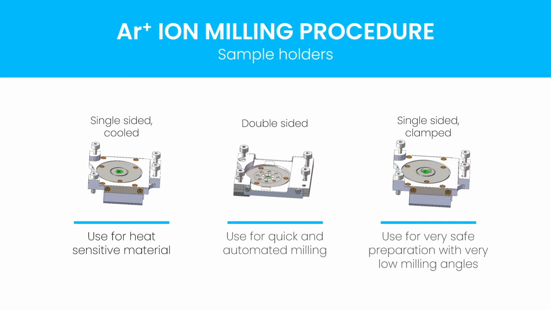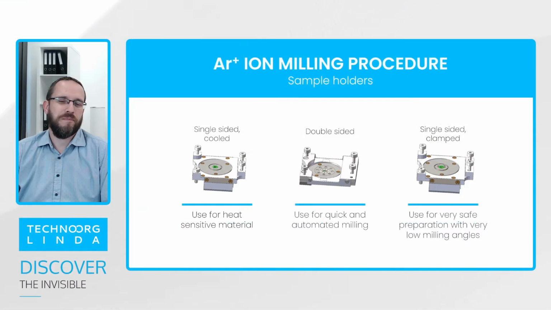For a simpler process, you can use the double-sided holder. It's very quick because you don't need to turn over the sample while you are ion milling, so it's used for quick and automated milling mostly.